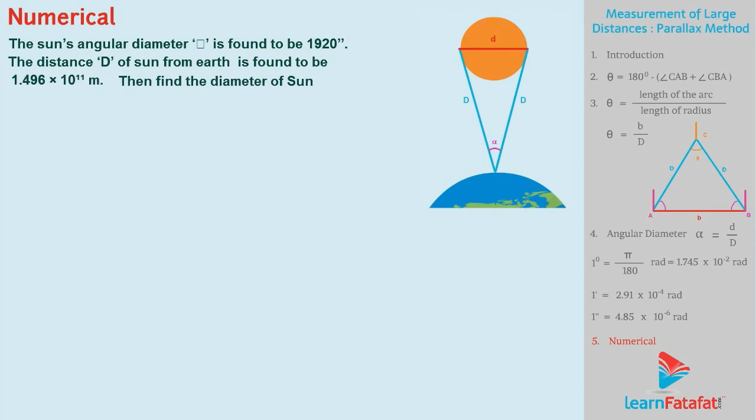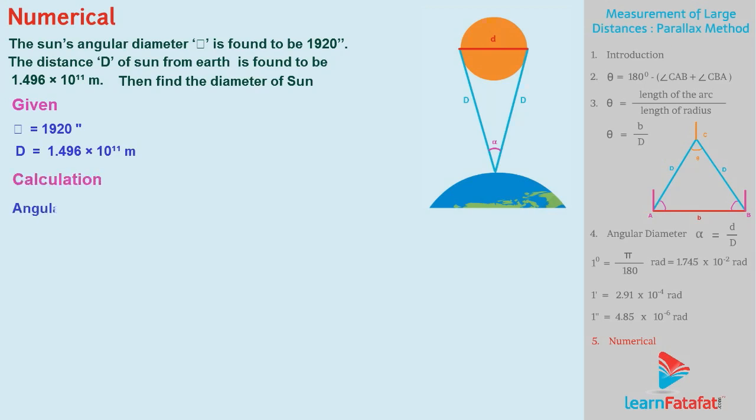To solve this numerical, first collect the given data. We know that alpha equals 1920 seconds and D equals 1.496 into 10 raised to 11 meters. Calculation.